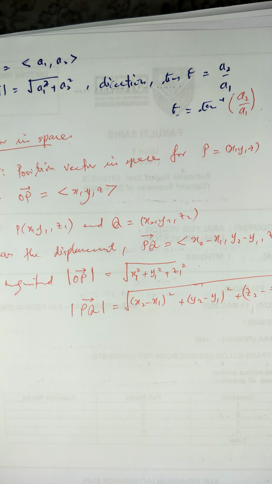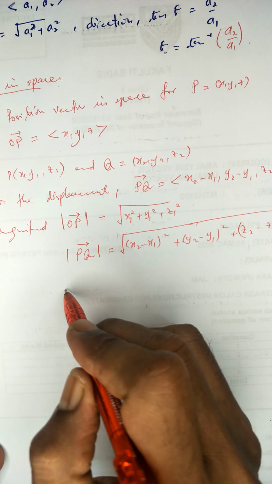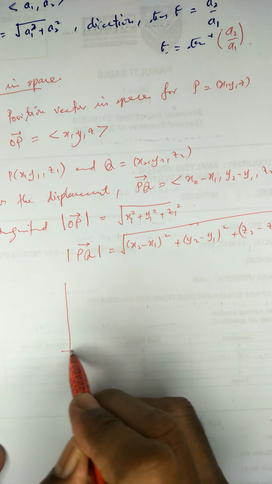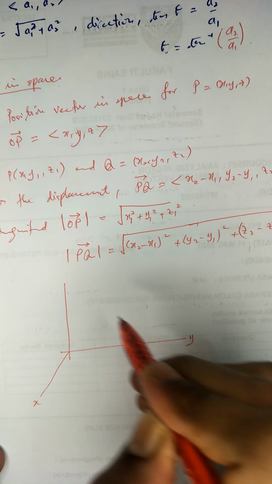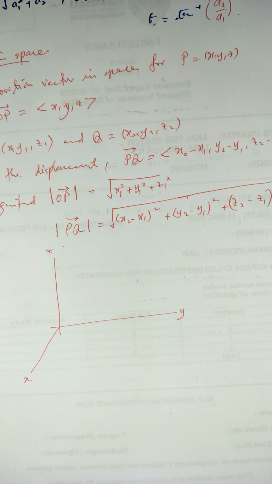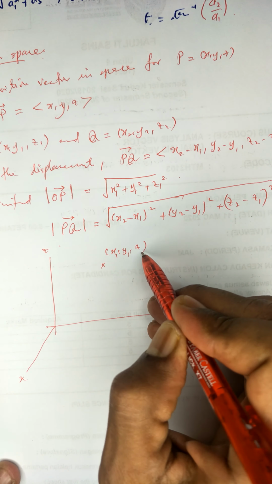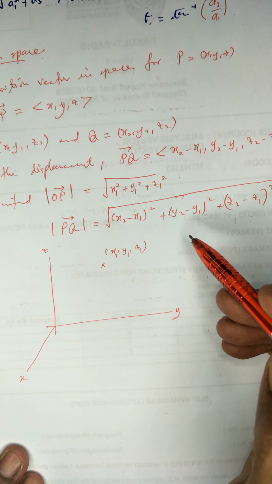And in space, if you consider the vector x, y, z, you need to consider the three-dimensional case: x, y, and z. Then how do you plot those vectors in space? Let's say you have a point, x1, y1, z1. So where is x1, where is y1, and where is z1?